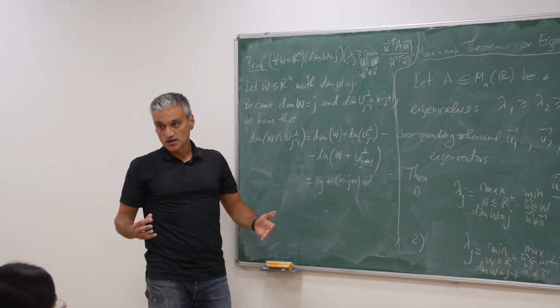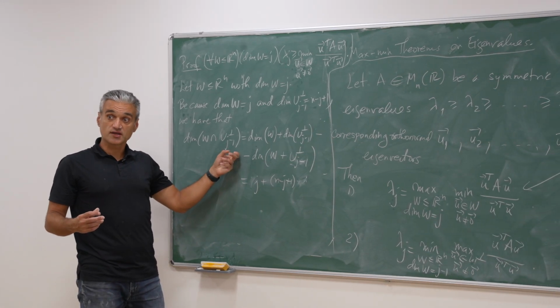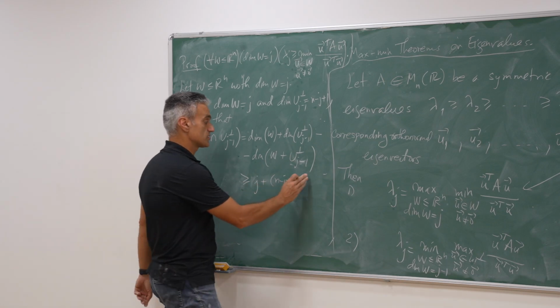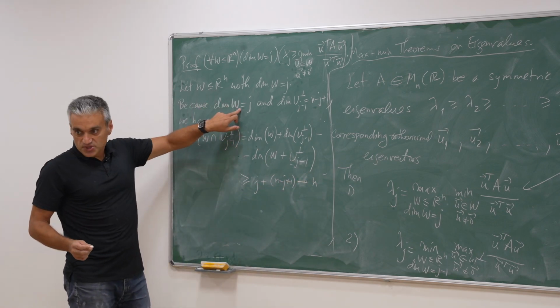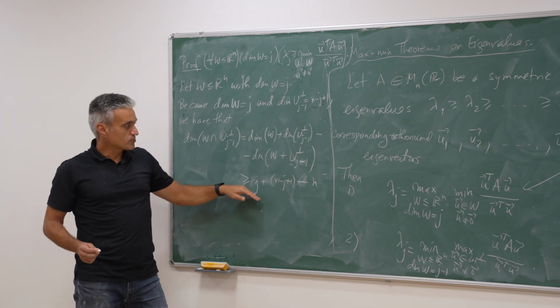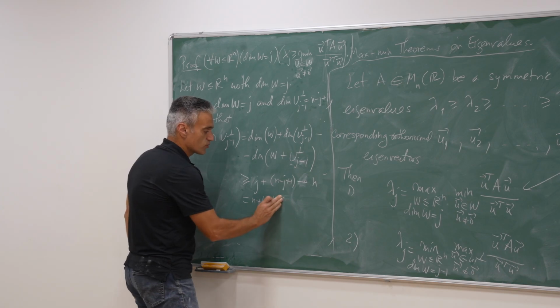The whole space. So this dimension is less than or equal to n, so if I take a negative, this is going to be greater or equal than j plus n minus j plus 1 minus n. And that is exactly why you took this, because it's n minus j plus 1, and when you add up, you get more than n, so you get n plus 1 minus n, which is 1.